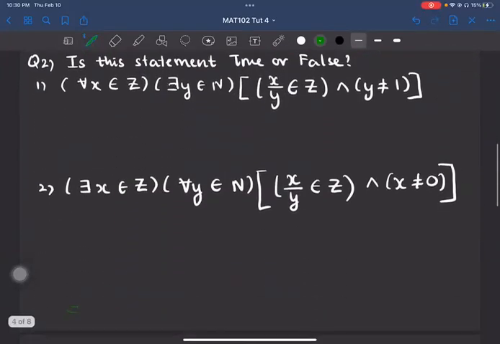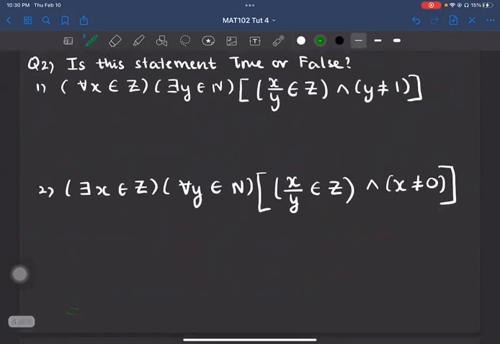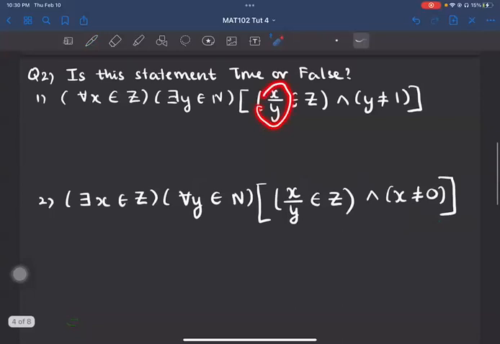Okay, move on to question 2. Please again pause 3 to 5 minutes to think, or maybe more, it's up to you. For question 2, the first thing we have is: for every integer x, there is always a natural number such that x is divisible by that natural number. Why do I know that? Because x divided by y equal to an integer means that x is divisible by y.